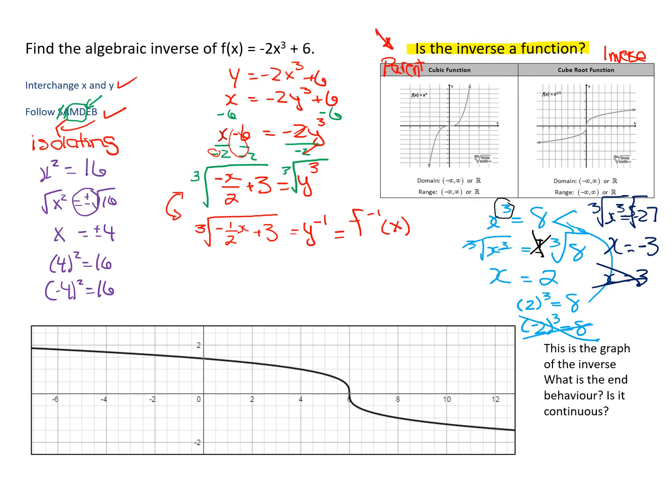Anywhere you draw a vertical line, it's a little confusing in here. It's a little hard to see. You have to take my word for it, but if you did draw a vertical line right down the y-axis, it would still only cross once. It would cross at 0, 0, because here horizontally on the original, it's only crossing at 0, 0. It only crosses once. So is the inverse a function? Yes, it is, and that's why we're allowed to use this function notation right here.